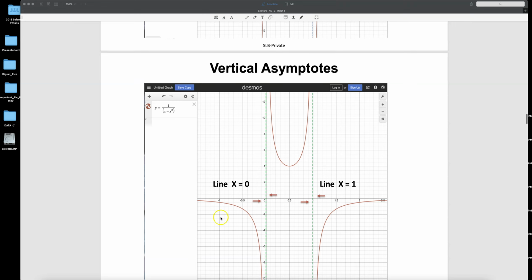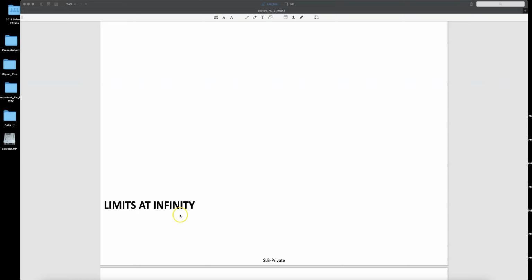We can see here that at infinity, when x is very large, the function goes to the x-axis. Well, that is another one that we're going to discuss in section 2.5, which is the next section, limits at infinity. Okay? Thank you.